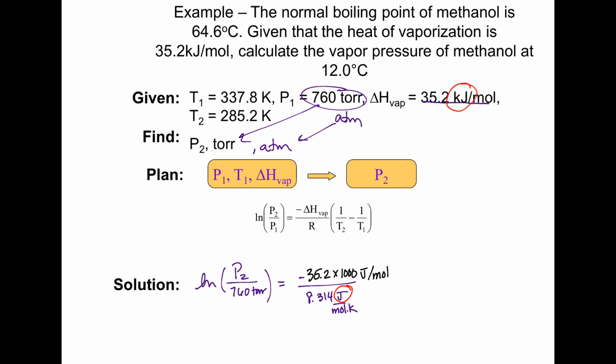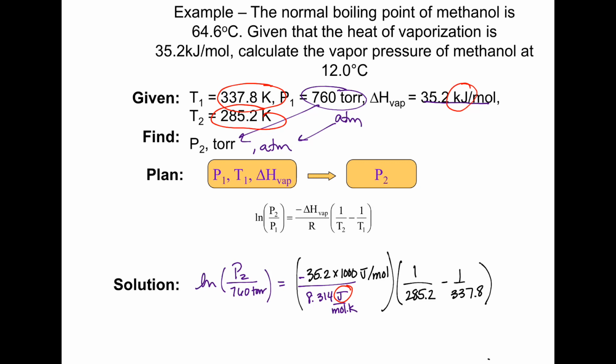And then my temperatures, I converted those to Ks. You can see, my temperature 2 is this, and my temperature 1 is that. So 1 over T2, 337.8.